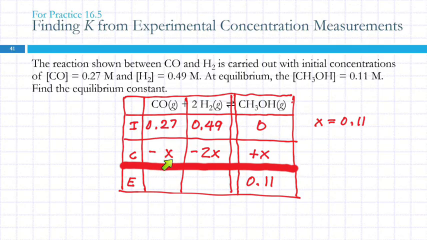So that means over here, this is minus 0.11. So 0.27 minus 0.11 is going to be 0.16. This one's minus 2x, so minus 2 times 0.11. So 0.49 minus 0.22, 0.27.